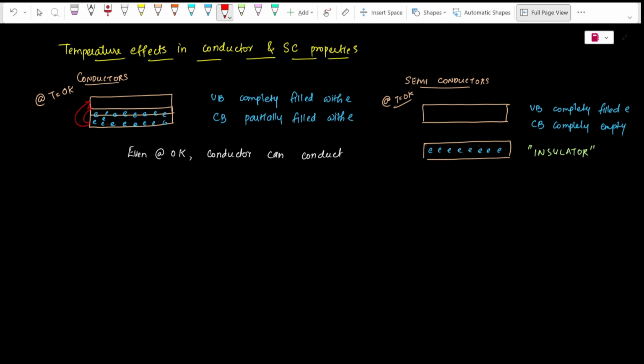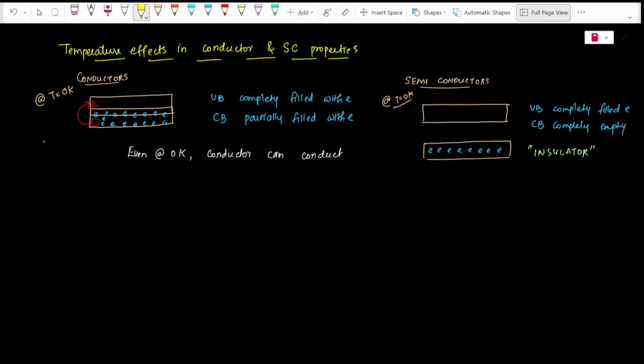More electrons will come into the conduction band. So an electron will jump from my valence band to the conduction band. Let's say I'm talking about this electron here. It is going to jump from this point to this point when I increase the temperature. This electron will reach, and this will lead to a vacancy, right?